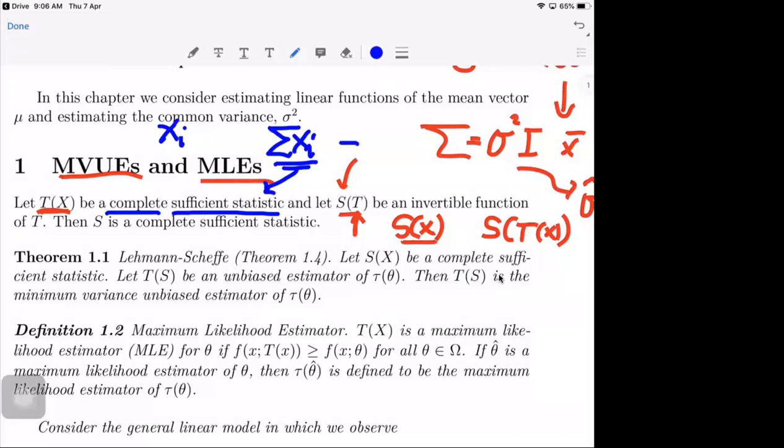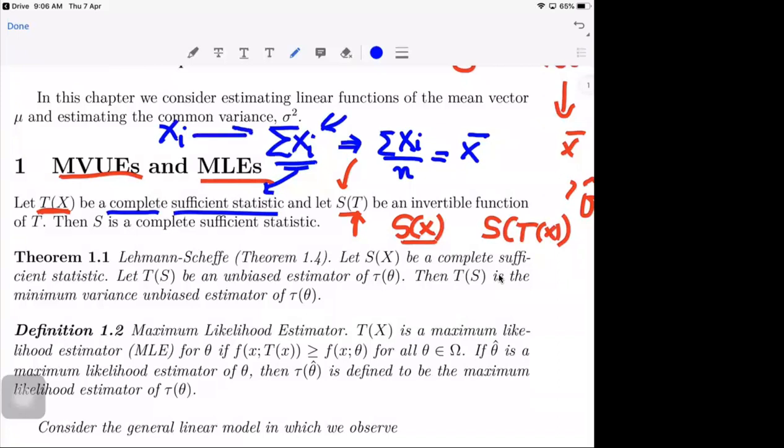But if you convert this to the summation of x of I over n, which is usually our x bar, so if we convert this to x of I over n, this is now your x bar. From x to this, that is your T of x in our notation. And the summation of x of I is a complete sufficient statistic.